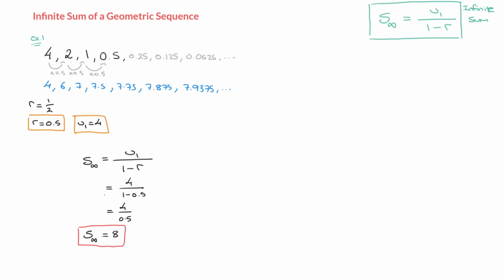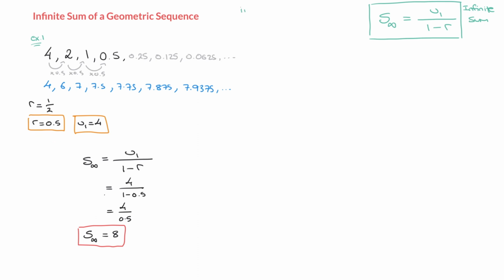And here's the deal. Looking back at our sequence here, its common ratio was 0.5. The fact that it's equal to 0.5 meets the condition for a geometric sequence to have an infinite sum, and that is that its common ratio has to lie between -1 and 1. I'll write that at the top here.